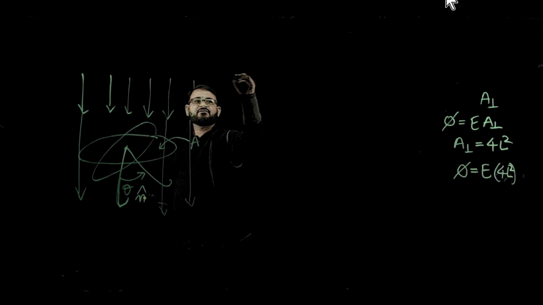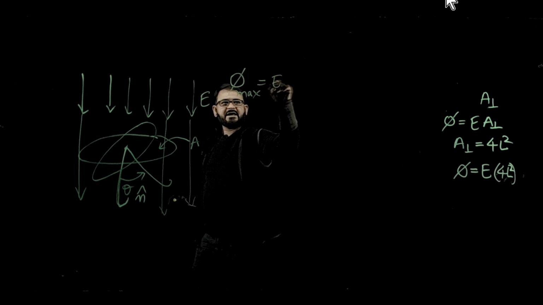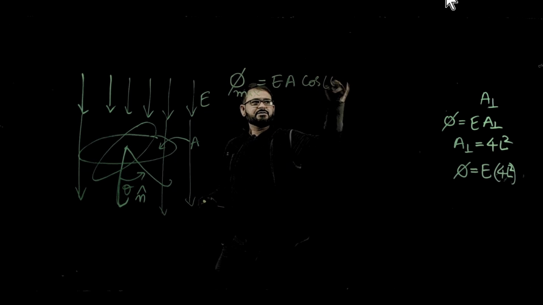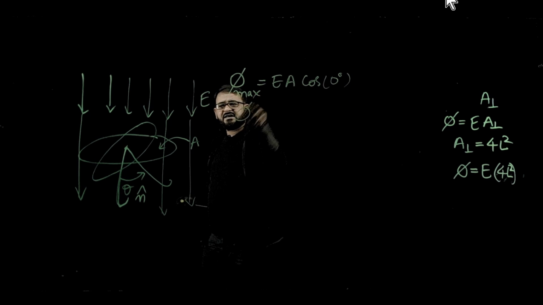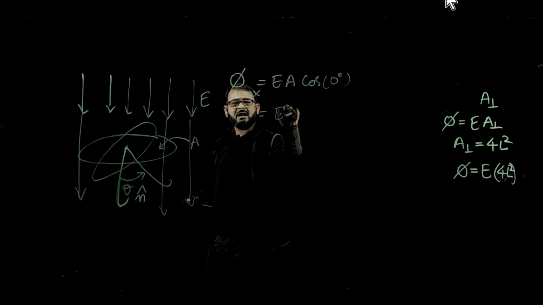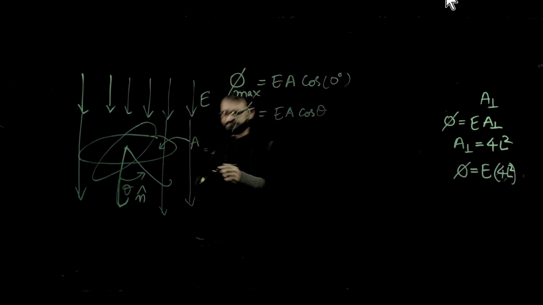So you can see our flux, which was maximum, our maximum flux was E times A, because the angle was cos 0 degree. Now, if you have any other orientation, then you will have E A cos theta.